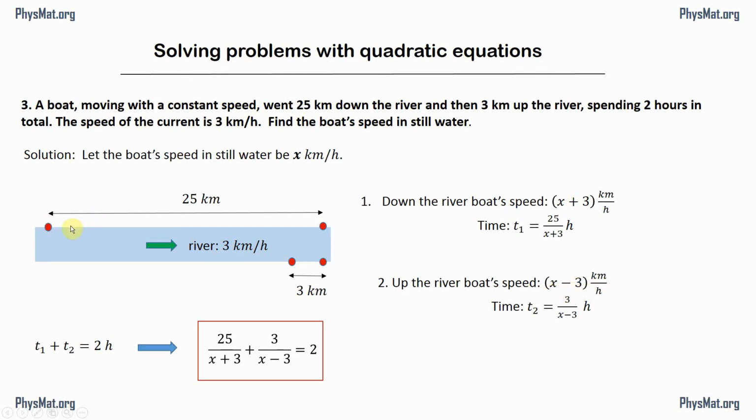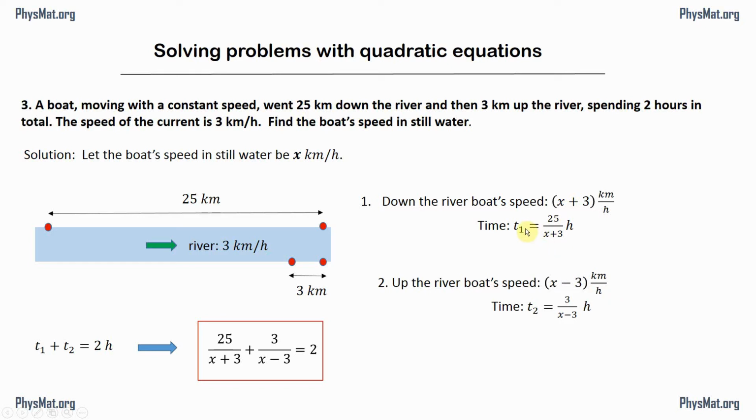That means that when you travel down the river, the time you spend will be equal to the distance, 25 kilometers, divided by the speed, x plus 3, hours. And when you travel up the river, the time you spend will be equal to the distance, 3 kilometers, divided by the speed, in this case x minus 3 kilometers per hour, hours.